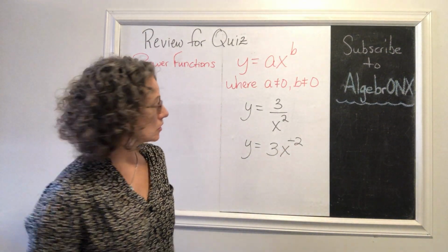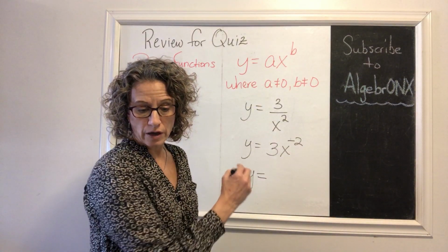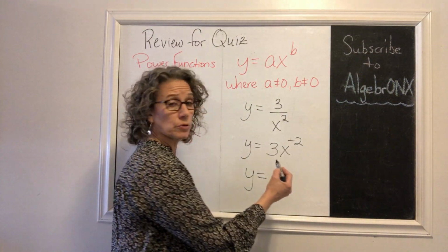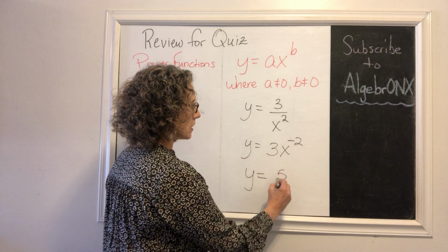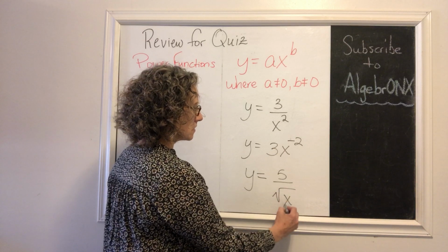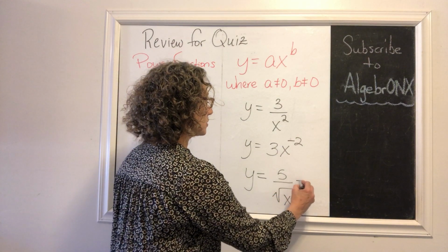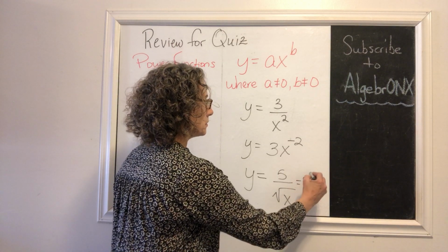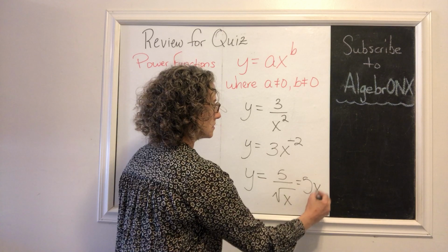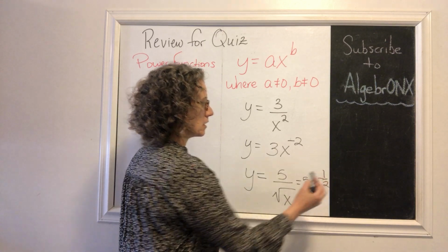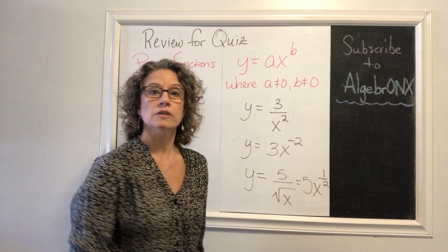I can also have a power function with a square root in the denominator. Say I have 5 over the square root of x, and I can rewrite the square root of x as x to the 1/2, and then bring it to the numerator, and it would be 5x to the negative 1/2 power. These are all examples of power functions.